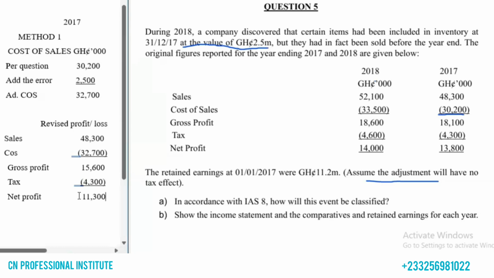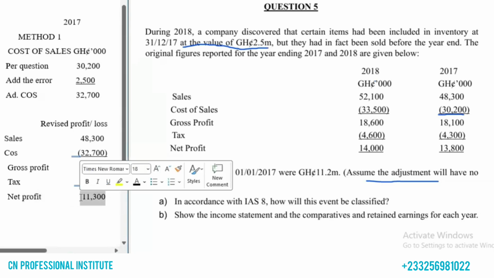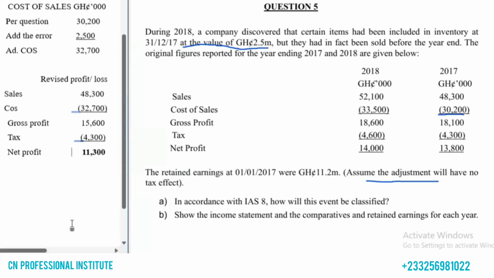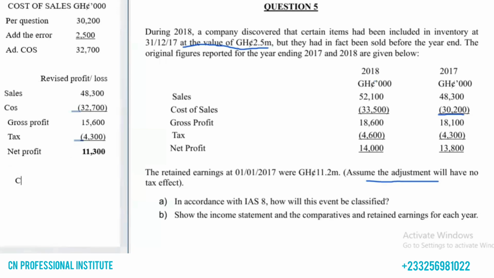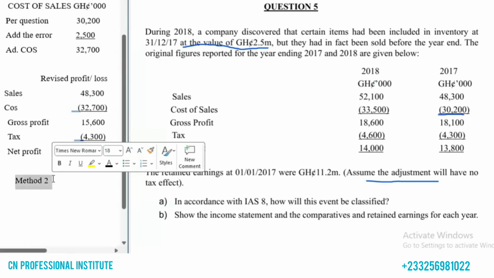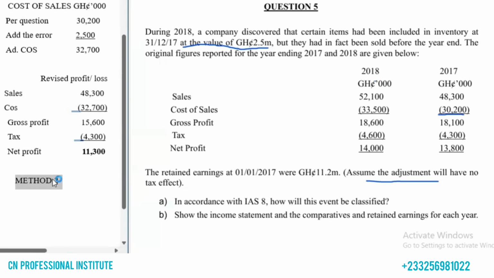So this is the corrected or the adjusted net profit in 2017. Okay, with method 2, here in method 1 we adjusted cost of sales. Okay, with method 2 we will just pick profit and adjust the profit straightforward. Okay, we are not going to adjust cost of sales, but we just pick profit and we adjust it straightforward.